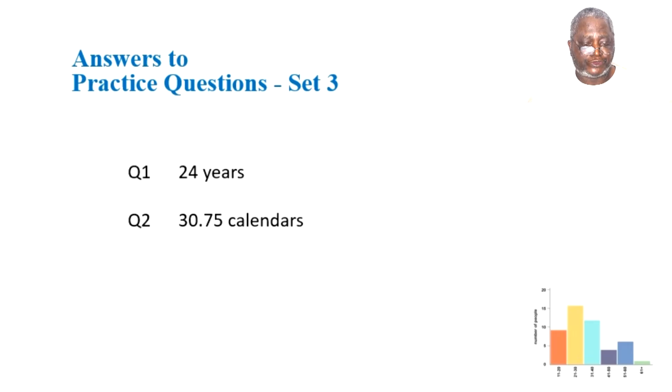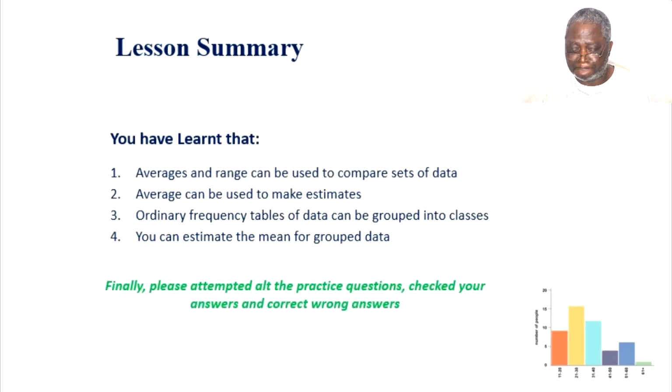And the answers to practice question set 3. Question 1, 24 years. Question 2, 30.75 calendars. And that's our lesson, but before we go, let's check what we have learned. You have learned that averages and range can be used to compare sets of data.